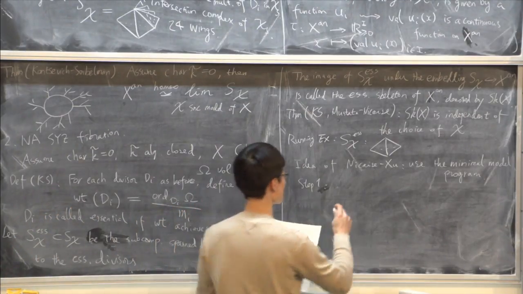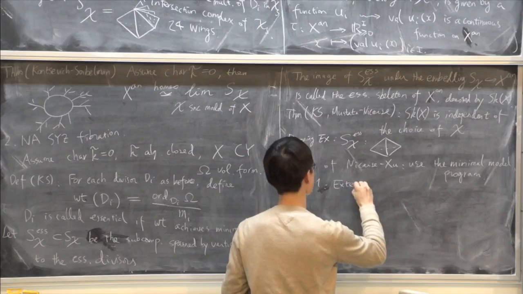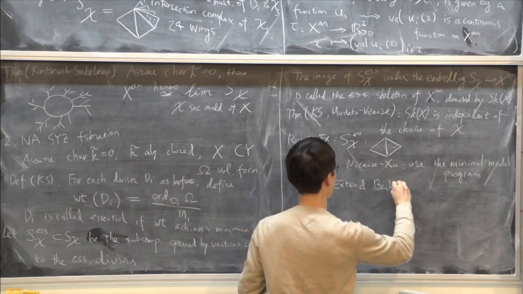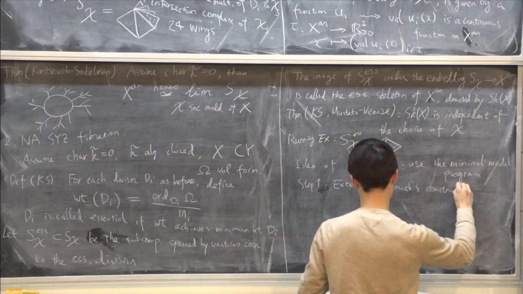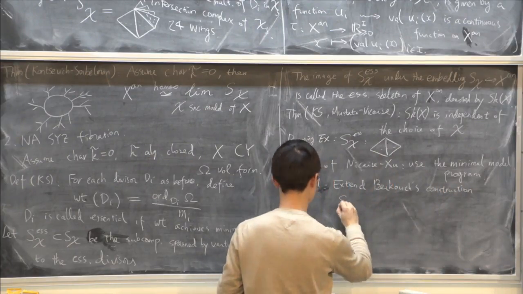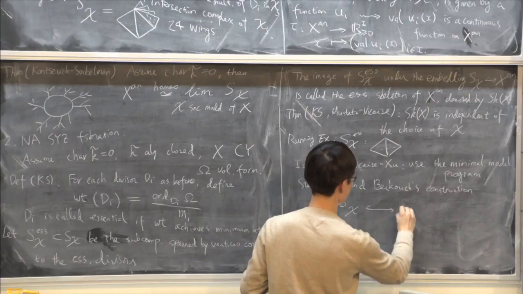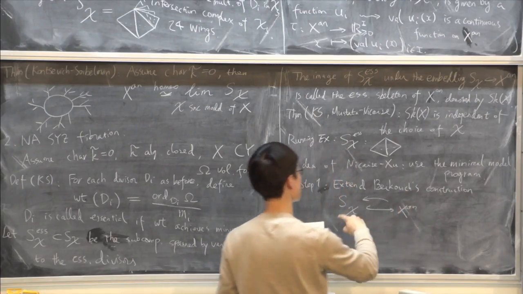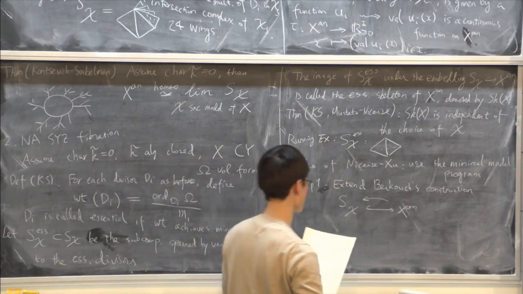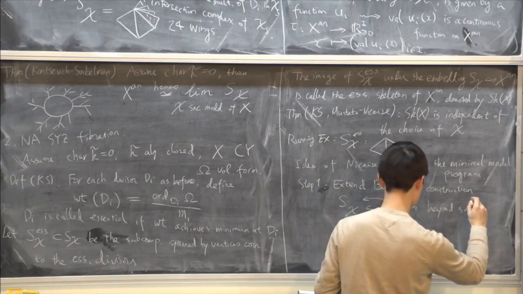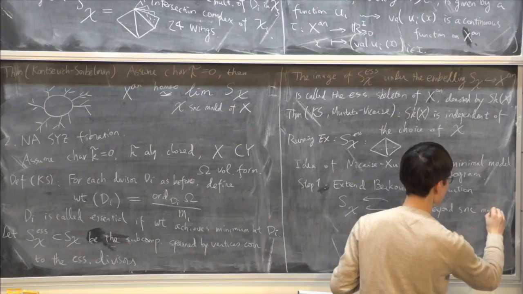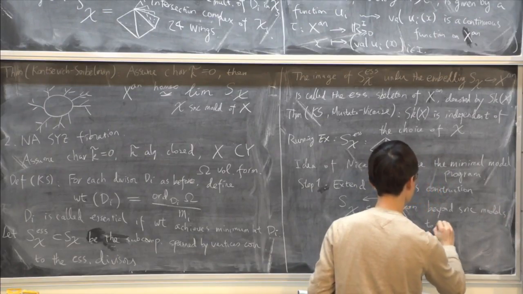So first we extend Berkovich's construction, this embedding and also the retraction map, beyond SNC models to DLT models.